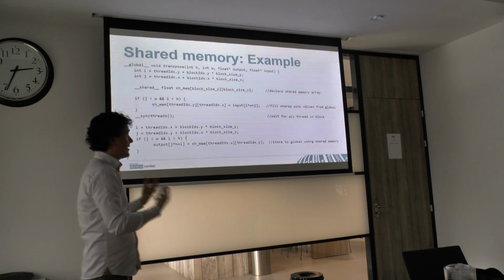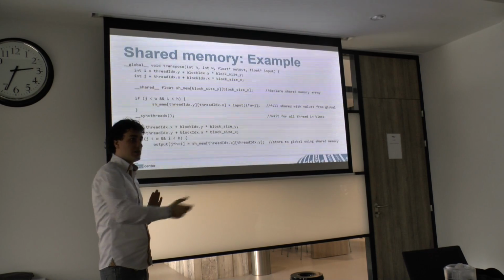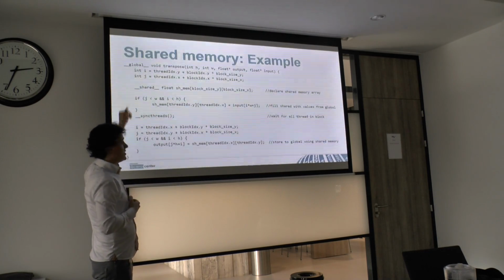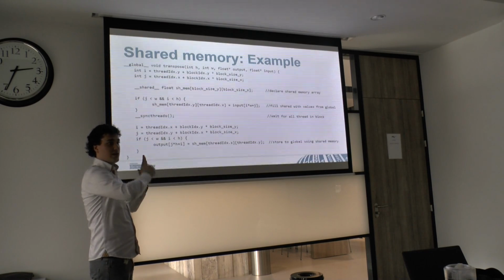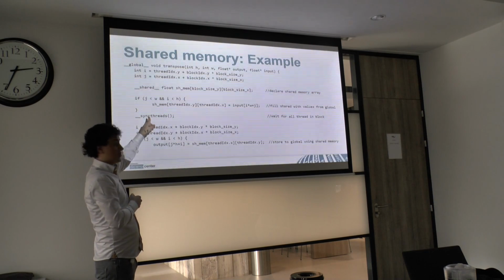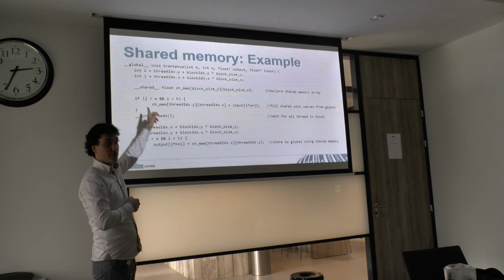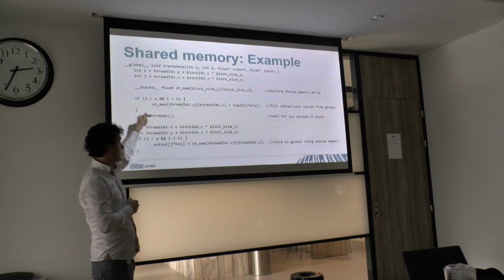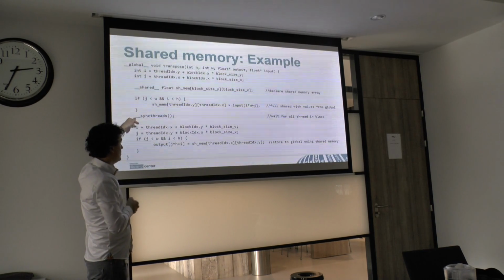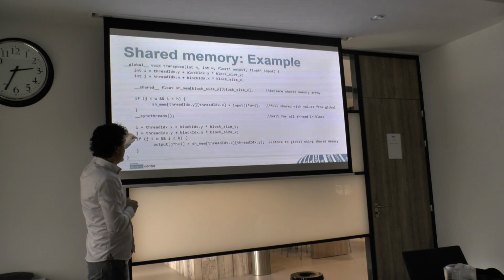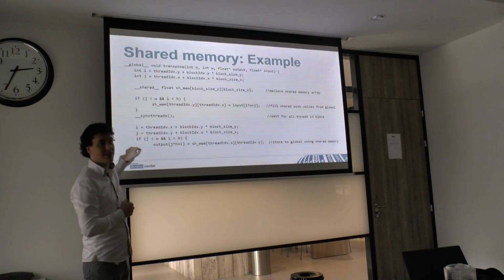And so we declare a two-dimensional array of shared memory. In the first step, we fill the shared memory with the area that this thread block is responsible for in the input. Then we call sync threads to make sure that all the threads are done with filling the shared memory. And then we do some very interesting index computation. And then we can write the output.